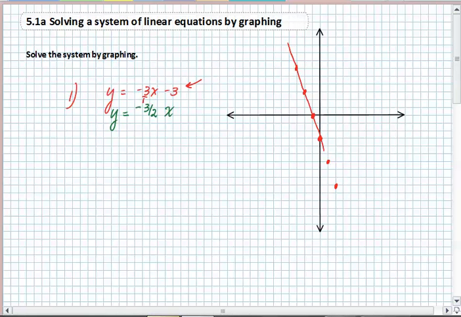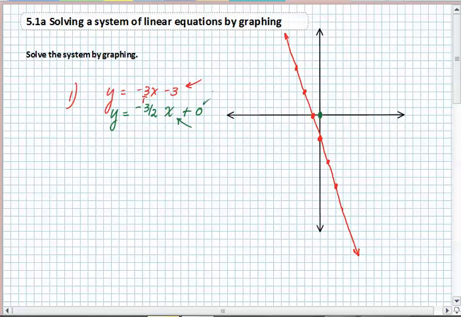Now, when I'm trying to graph a system, I need to be very, very careful and accurate because I'm looking for a particular point on the coordinate grid. And so let's see here. We have that one on there, and then this green line doesn't have a y-intercept, so if I wanted to, I could put a +0, and that doesn't change the problem, right?